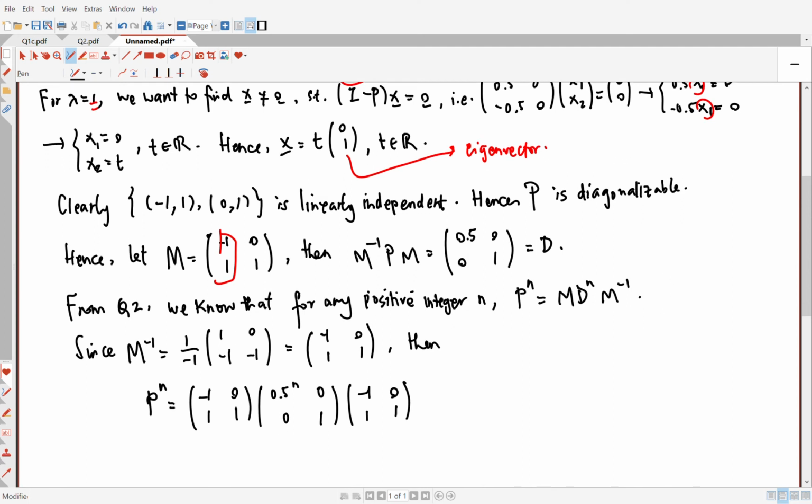Let's compute this. We have this equal to the matrix with minus 0.5 to the power of n, 0; 0.5 to the power of n, 1, multiplied by minus 1, 0, 1, 1. I obtain this from multiplying these two.